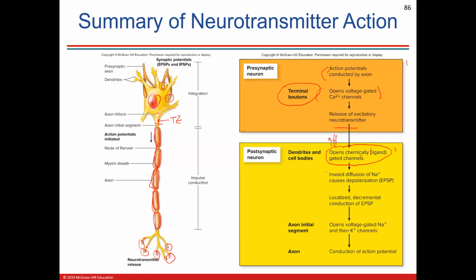Then you're going to have opening of sodium channels. Obviously, sodium's coming in, causing depolarization. The depolarization is an excitatory postsynaptic potential. And you have decremental conduction along the axon, each segment at a time. And then you have more opening at the initial segment of the axon, right?